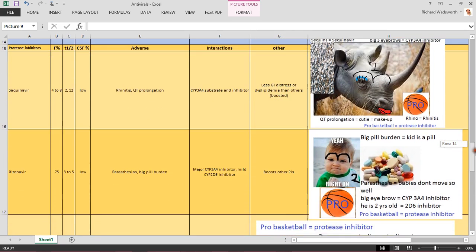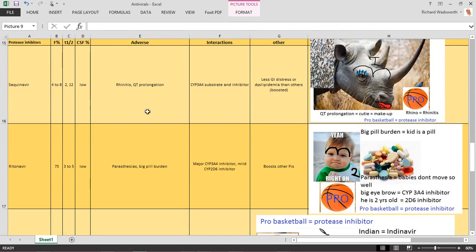Okay, next is Saquinavir. Saquinavir, this is the sequence on this rhinoceros, which I'll explain in a second. Bioavailability, tiny, 4 to 8% bioavailability. That's nothing. So think of this as being a really, really tiny rhinoceros. Half-life, 2 hours in serum, 12 hours intracellularly.